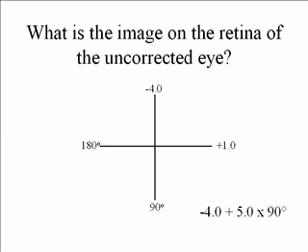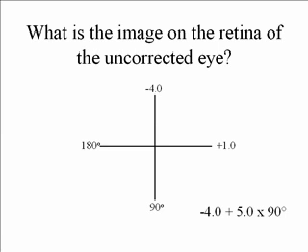What is the image that that patient is going to have on his retina? It's going to be a blur circle too, this +4 hyperope. What is the size of that blur circle going to be? I don't know, but it's going to be a lot larger than the size of the blur circle of the -1 myope.